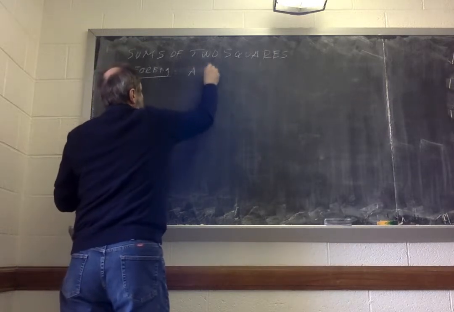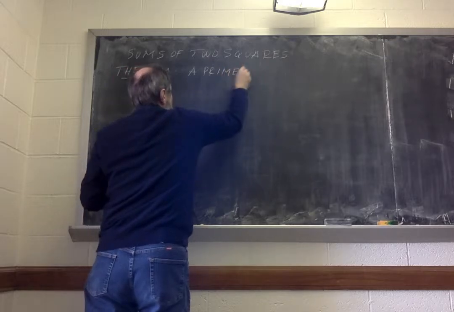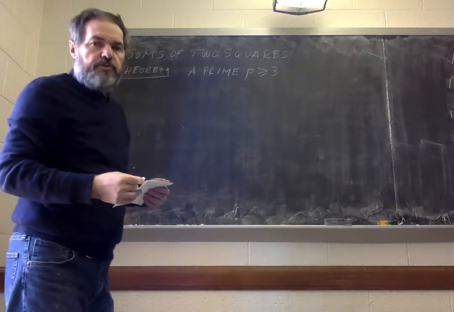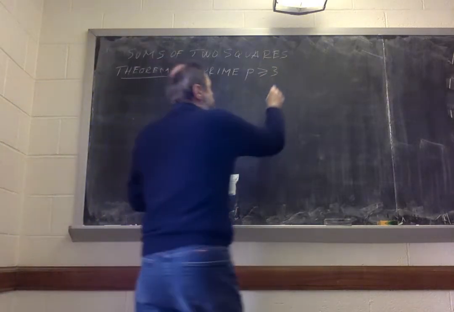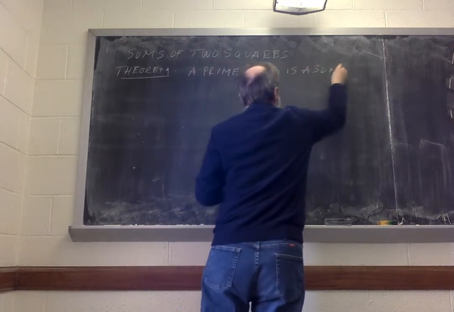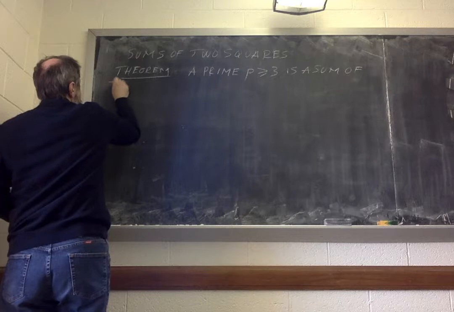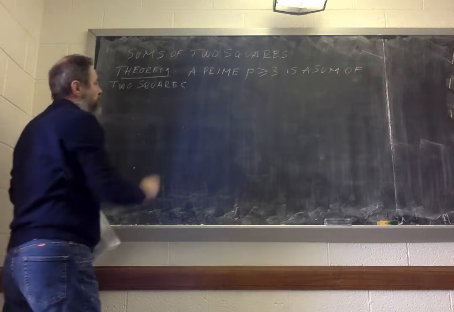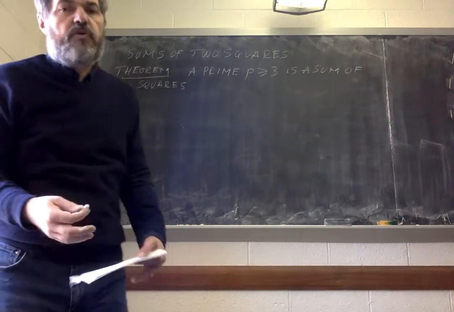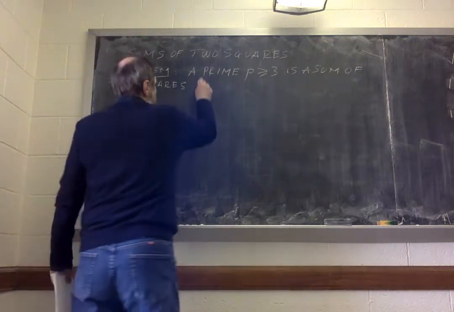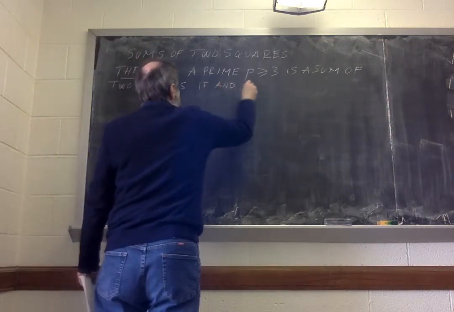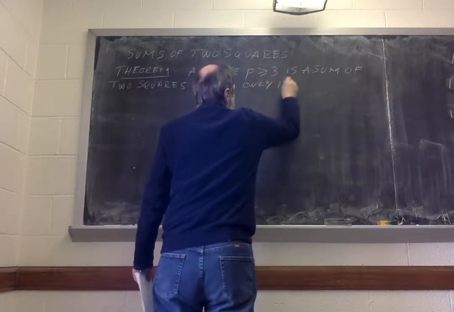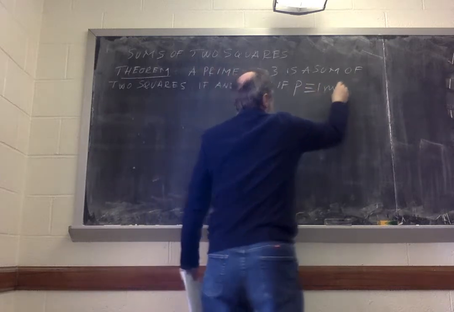A prime P, say larger than or equal to 3, is a sum of two squares if and only if P is congruent to 1 modulo 4.